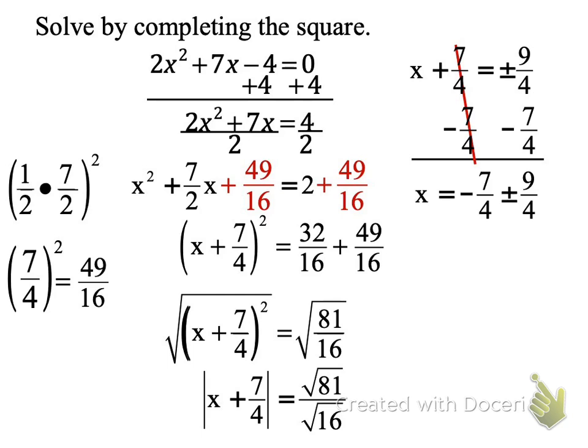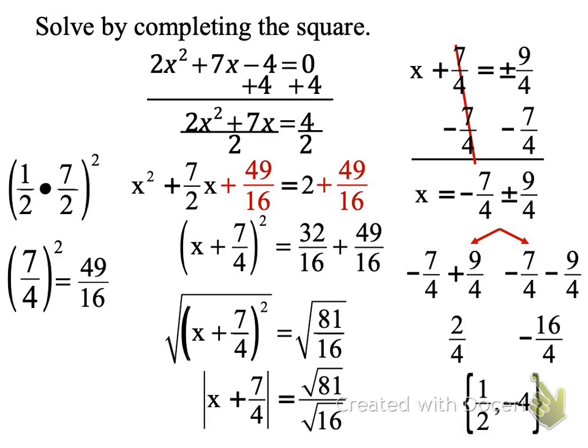Okay. And we end up with x equals negative 7/4 plus 9/4, which is 2/4, positive 2/4. And negative 7/4 minus 9/4 makes negative 16/4, which is 1/2 and negative 4.